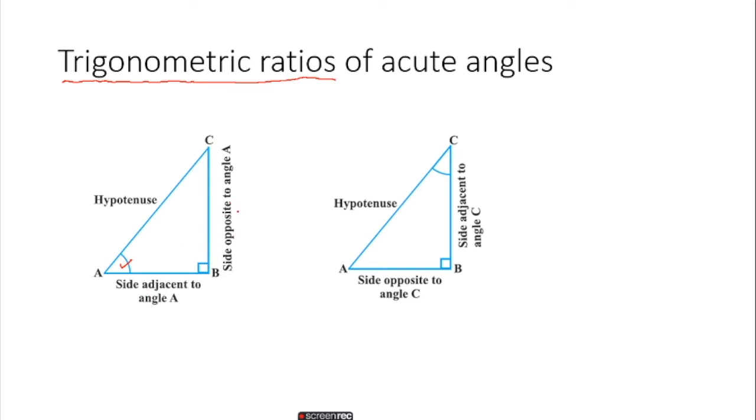This side BC we call the side opposite to angle A, or we can just call it the opposite side, because that side is opposite to our angle A. Now this side which is adjacent, meaning nearby, to angle A, we will call the side adjacent to angle A, or in short, the adjacent side.